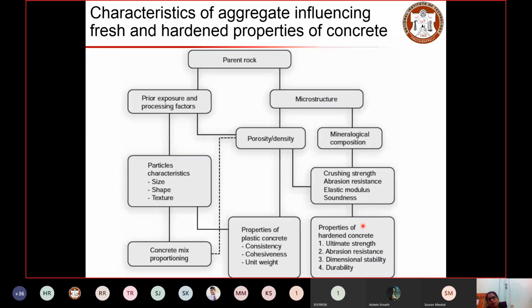Aggregates are in general stable compared to cement paste, because cement paste is too sensitive to shrinkage. When we use aggregates which have a good soundness, that provides good dimensional stability. The shrinkage issues will be less, and these things will lead to durability. So when we have good quality aggregates, that will lead to a good durable concrete.